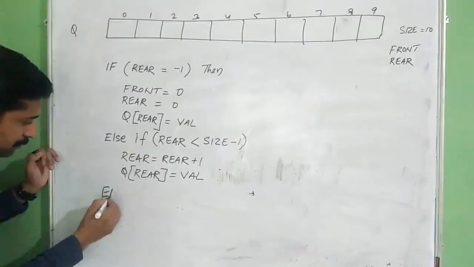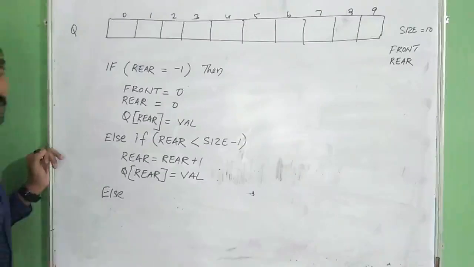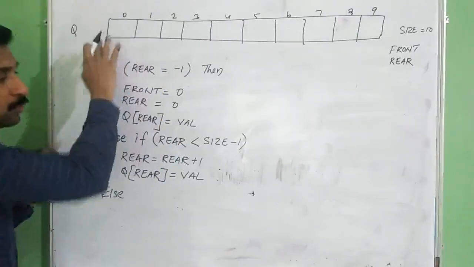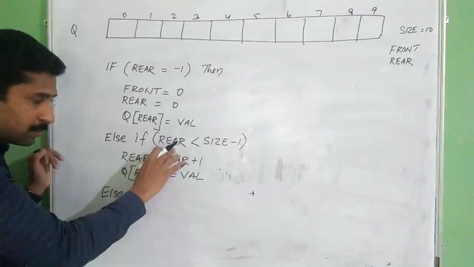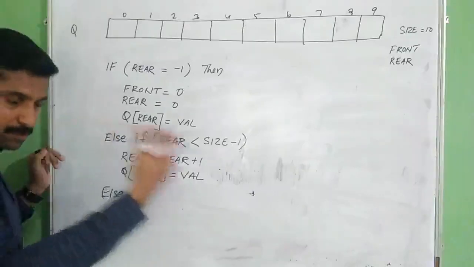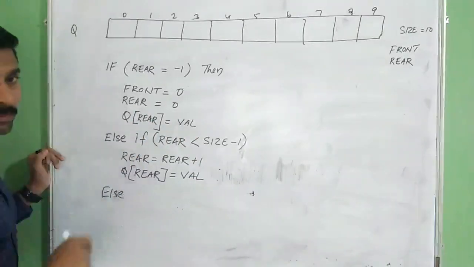Else, if both these conditions become false, that means it is not an empty queue or a half filled queue having some space to accommodate an item, which means the queue is full.